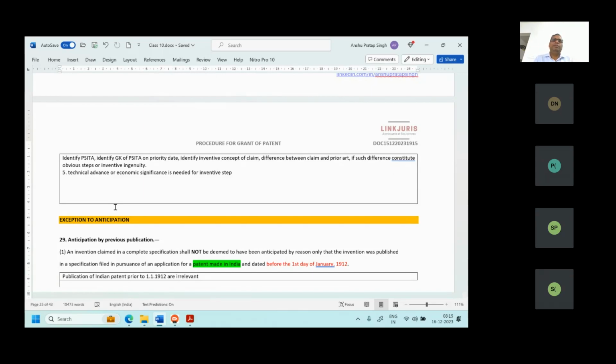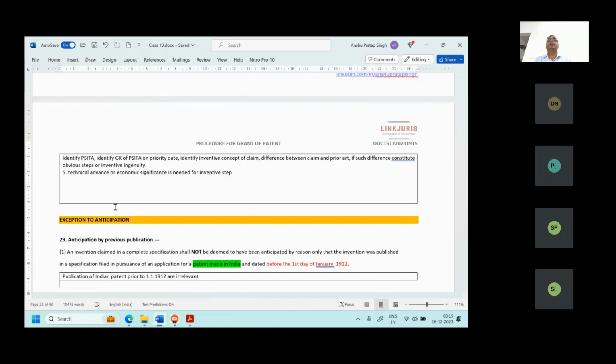Now, you have to identify the relevant person skilled in the art. If you are working in the field of biotechnology, you need a biotechnological engineer, not a mechanical engineer.